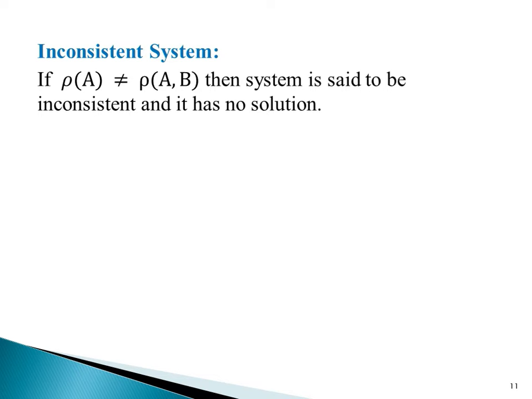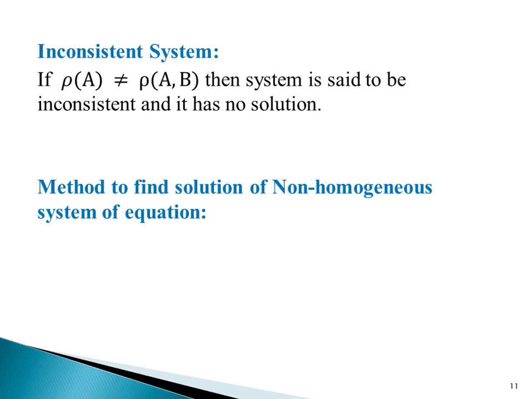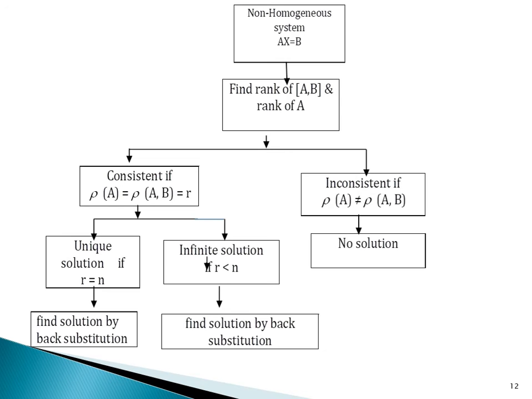Okay, now we see the method to find solution of non-homogeneous system of equations. Okay, so I have given a flow chart here. So first we have to write the given non-homogeneous system in matrix form as Ax equal to B. Next step, we have to find rank of A and rank of AB, right?